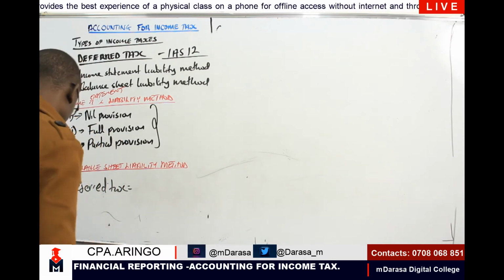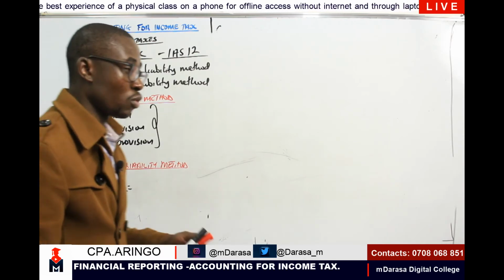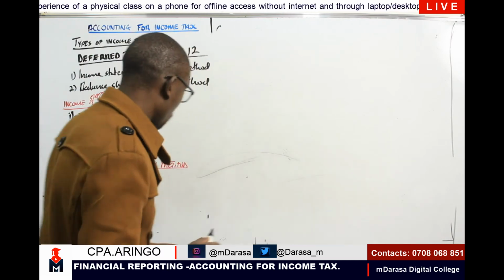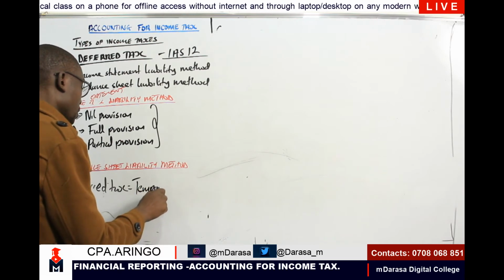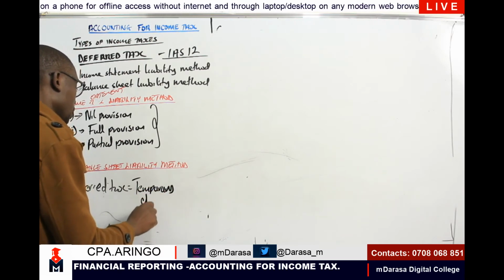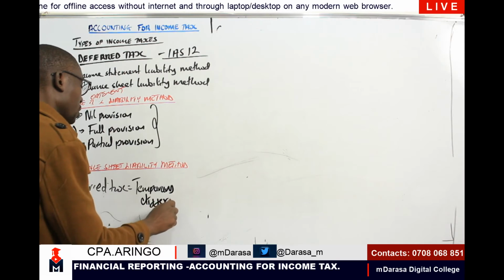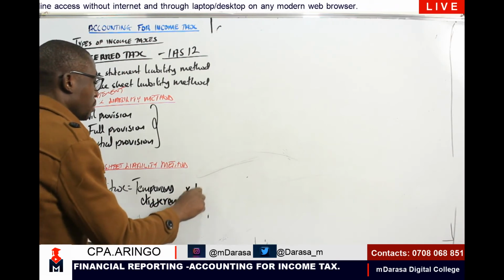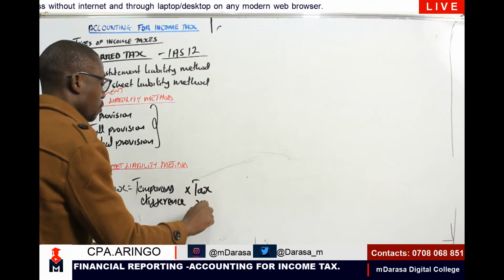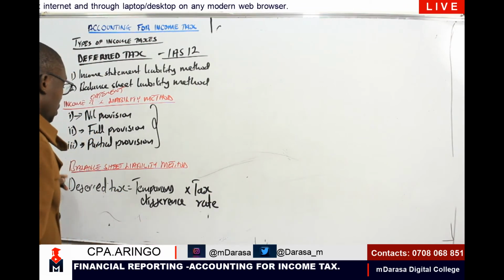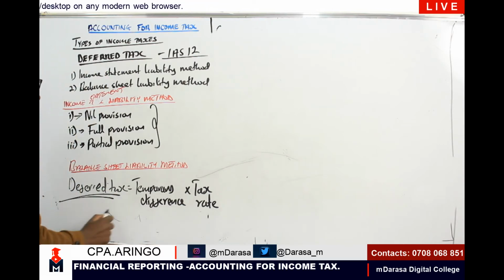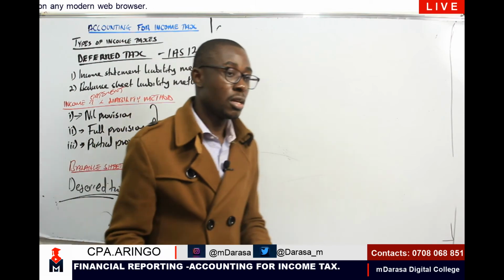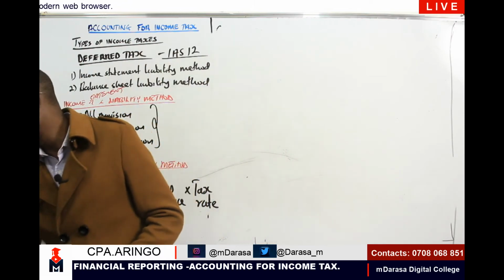Because this deferred tax will arise from the temporary differences, we multiply them by our tax rate. That is using the balance sheet liability method.